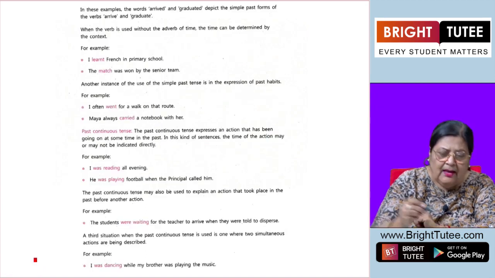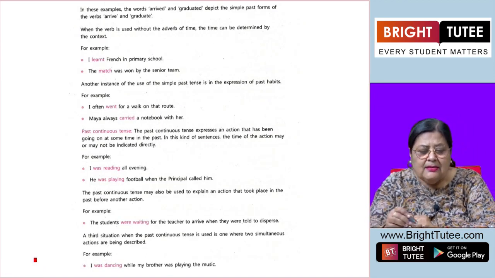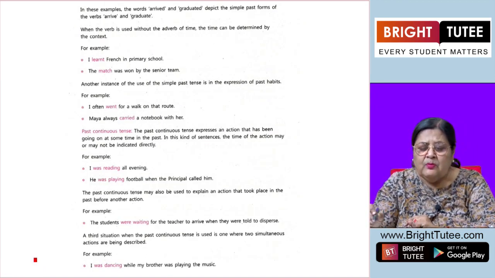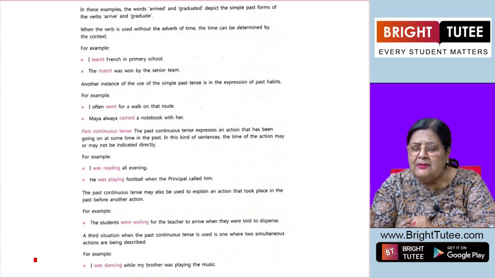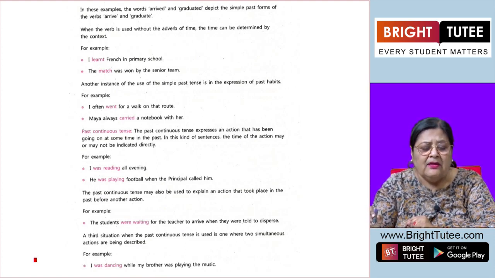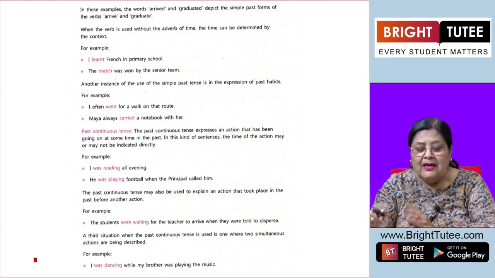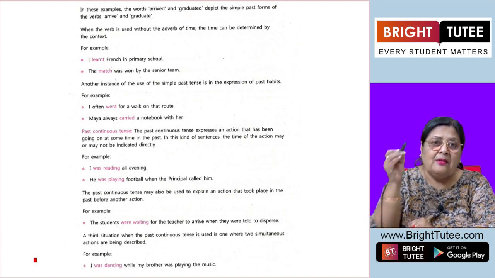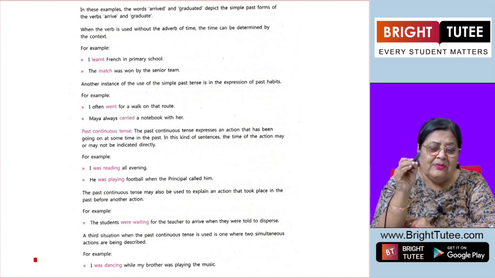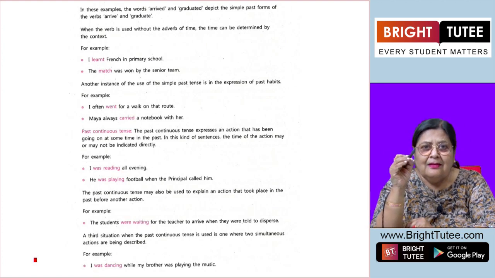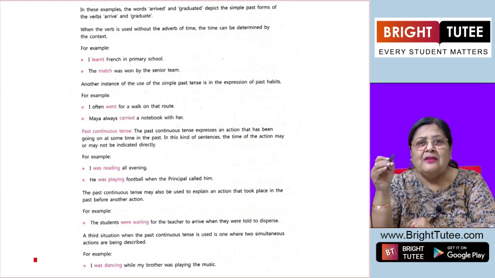In the next page, in these examples, the words arrived and graduated depict the simple past tense of the forms arrive and graduate. When the verb is used without an adverb, supposedly the adverb is not used, in that case the past tense will be determined like the first form, second form and third form.